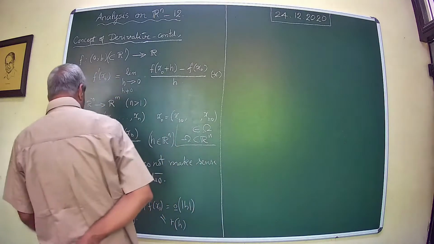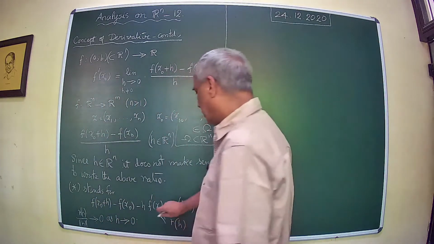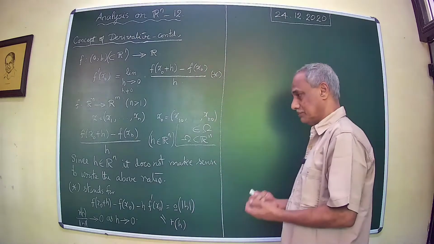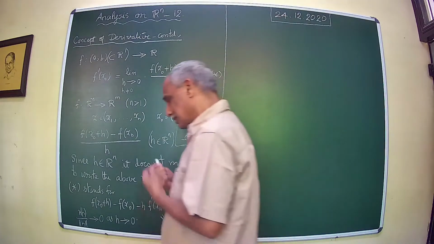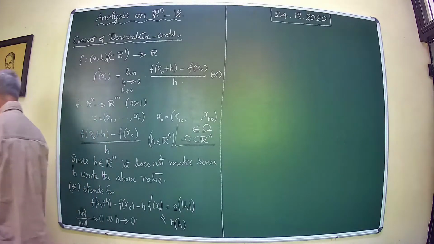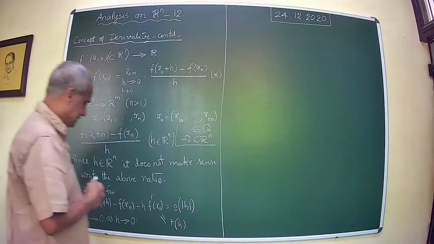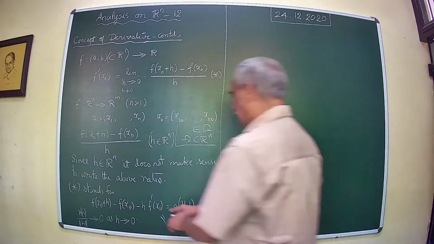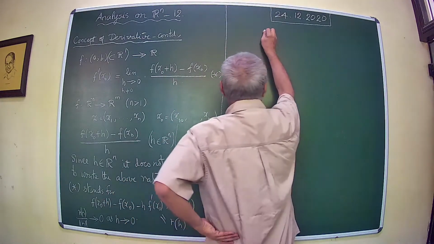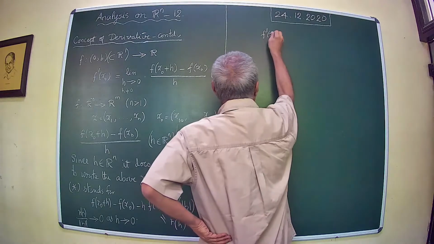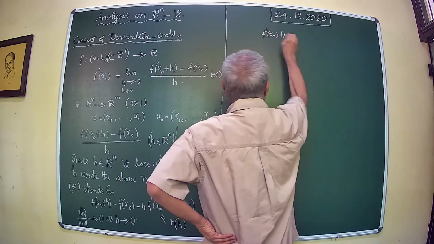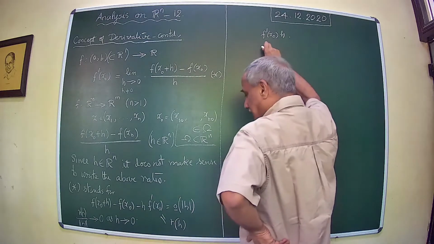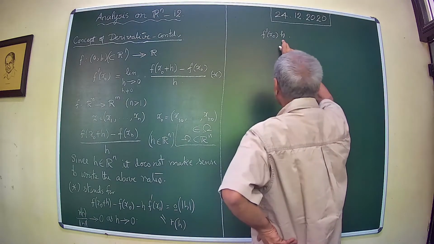And then you make an observation, because f derivative of x naught is a number. As far as we are concerned, it's a number at that stage. So this number can be written as f derivative of x naught times h, rather than h times f prime x naught.